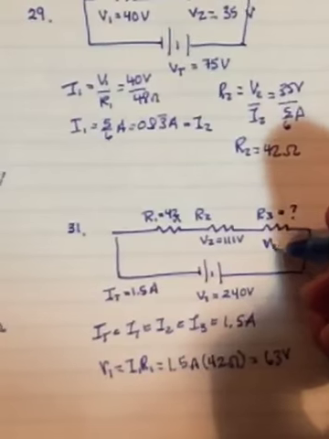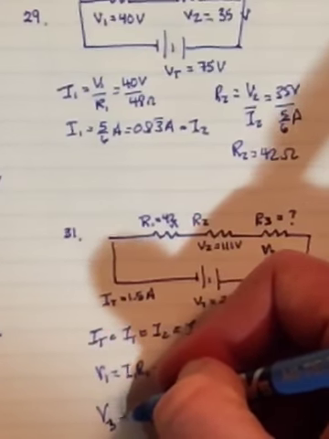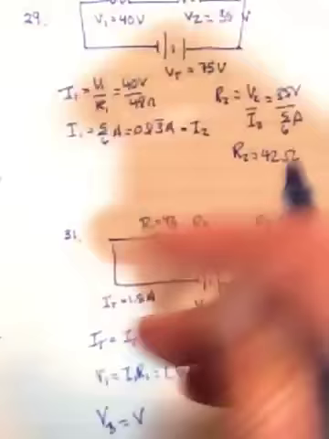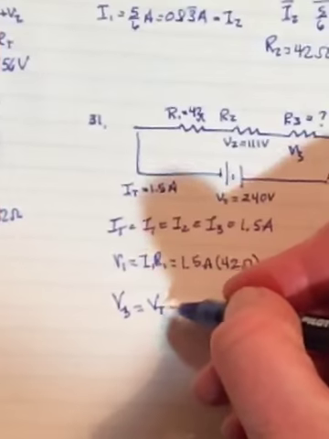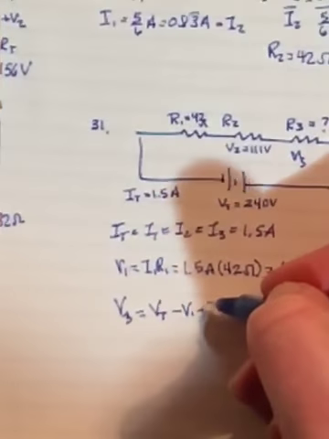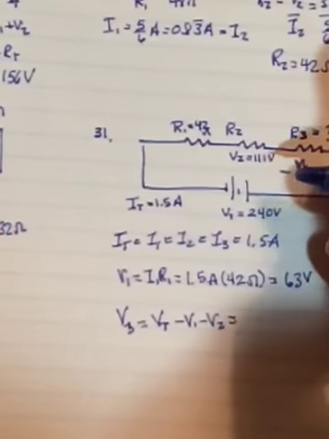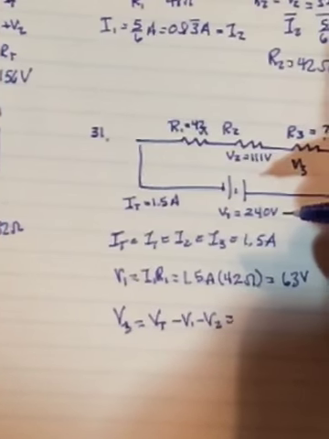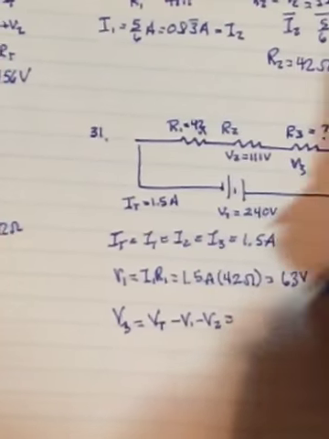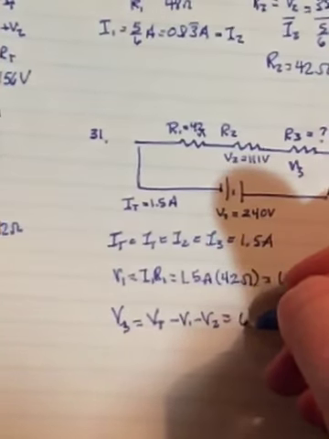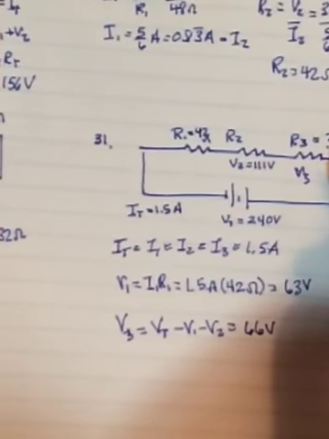That means we can now find V3, because in series, voltages add up. So V3 should be equal to V total minus V1 minus V2. So 240 minus 111, so that's going to be 129, and then minus another 63, so that should be 66 volts. So V3 is 66 volts.